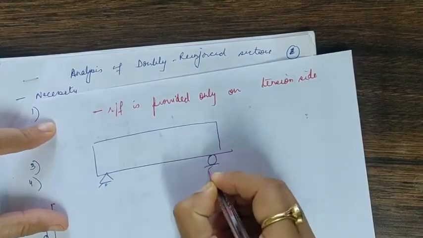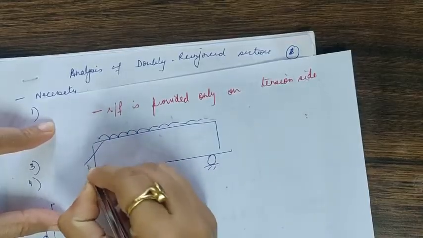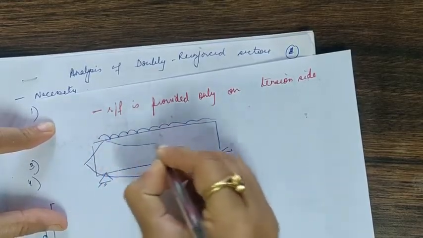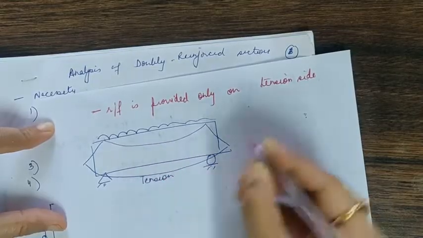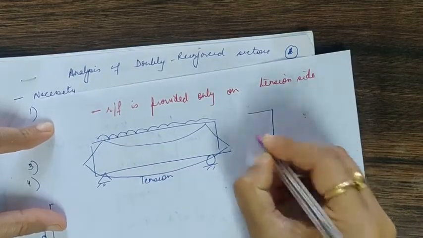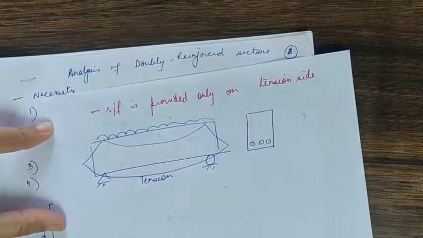because due to this load, the beam is going to bend like this, so it means the tension is going to come at the bottom. So that's why in the cross section we provided reinforcement at the bottom.